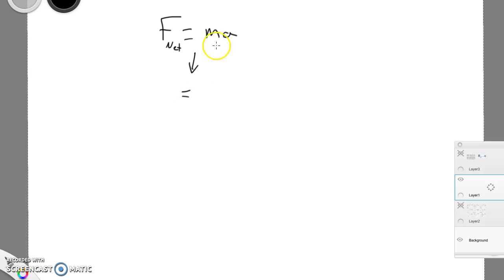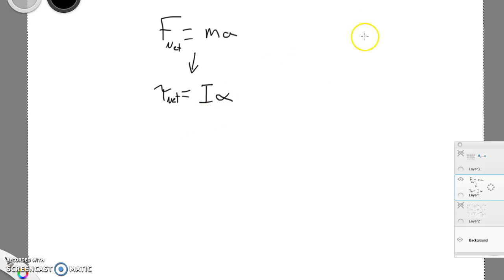The rotational mass is moment of inertia, or I. The rotational version of acceleration is angular acceleration. And torque is the rotational analog for force, so we'll say that the net torque is equal to I times alpha. Let's show that the units work out.